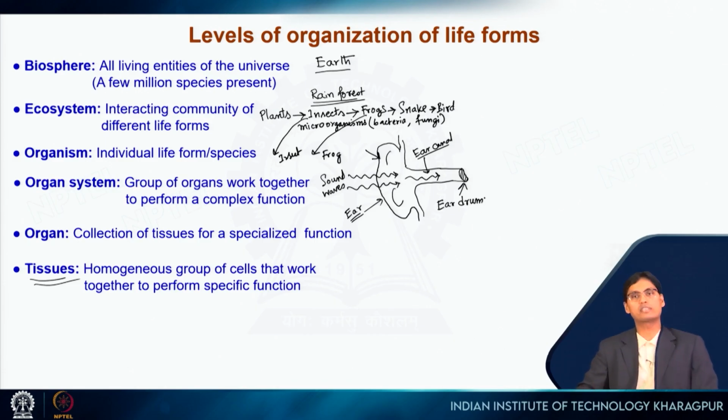So it has some specific function, and it has some specific type of cells. For example, when we beat a drum, what happens? It vibrates and it makes some sound. So similarly, when the sound waves that enter through this ear canal hit this eardrum, this membranous tissue, as a result the eardrum vibrates, and that vibration goes through different parts of the ear present in the middle and inner ear, and accordingly everything happens properly and we can hear.